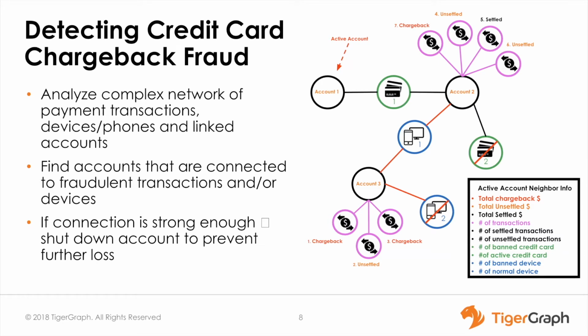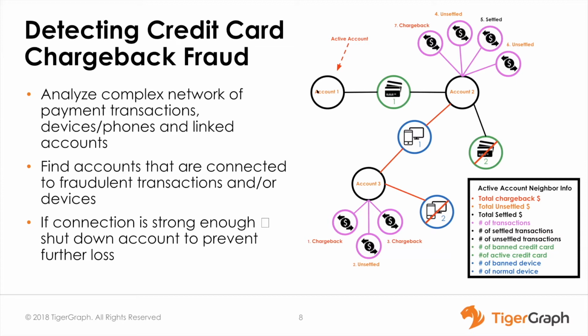Now, this other account has a bunch of chargebacks and an unsettled transaction, as well as a previous device which was blocked. So now we're starting to get a better idea of our situation. So account one isn't just a new account that's linked to a credit card. This is now a new account that's linked to a credit card, which was formerly linked to two separate accounts, both of which had a high likelihood of having chargebacks on them.